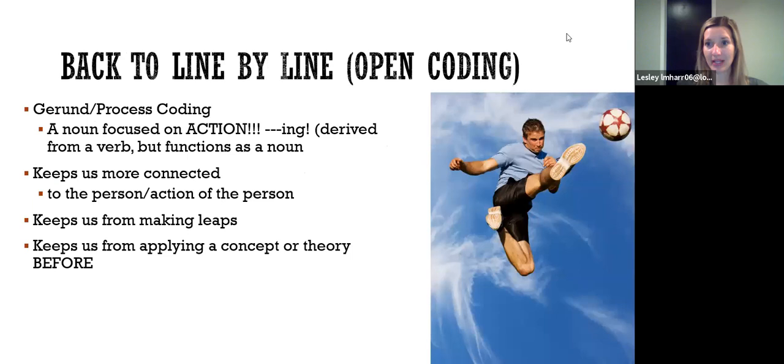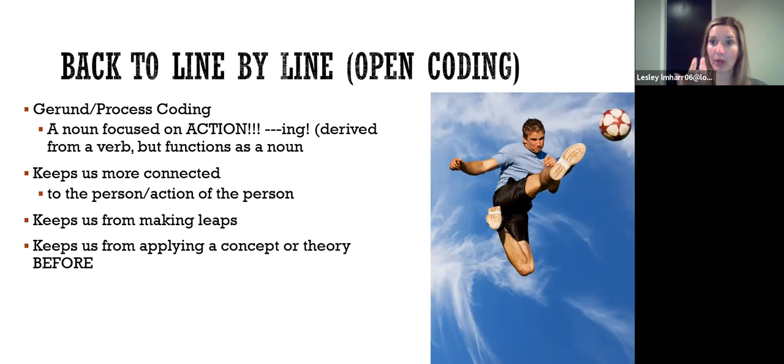So back to line by line coding, our very first step. We are going to be learning a process of applying gerunds, which is also known as process coding. A gerund is a noun focused on action. That's kind of a funny way to think about it, but it's really derived from a verb, and in our phrase, it functions as a noun.